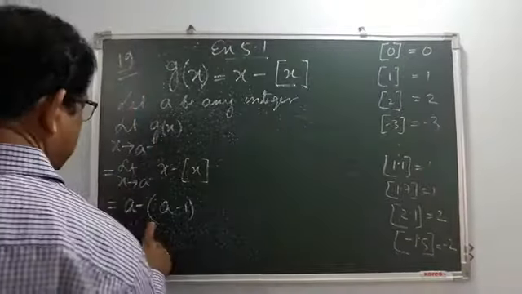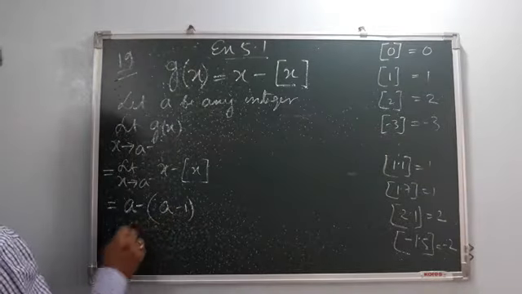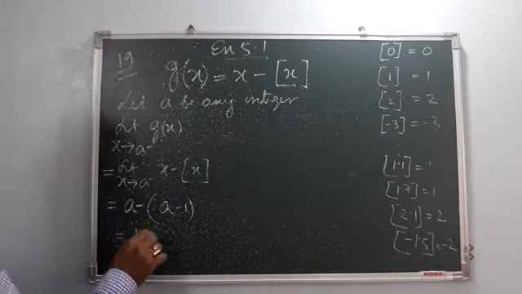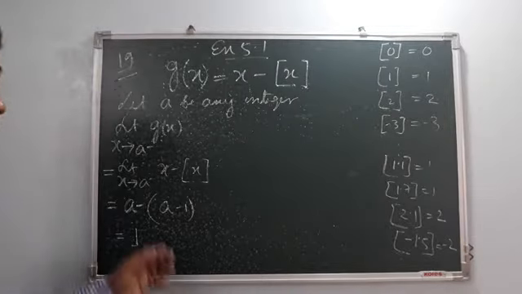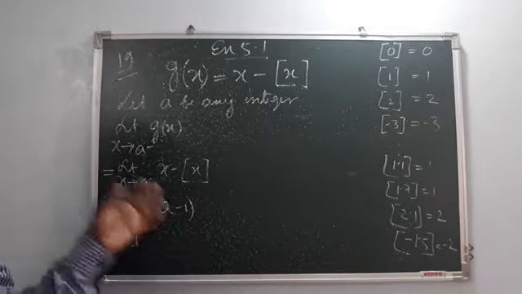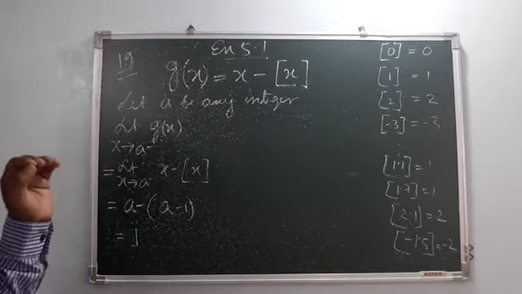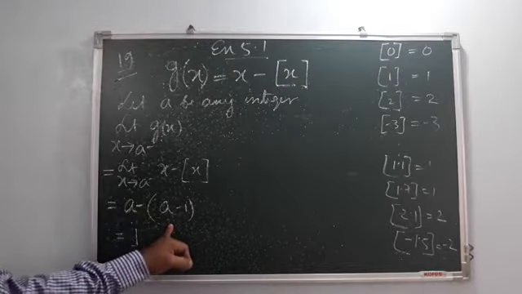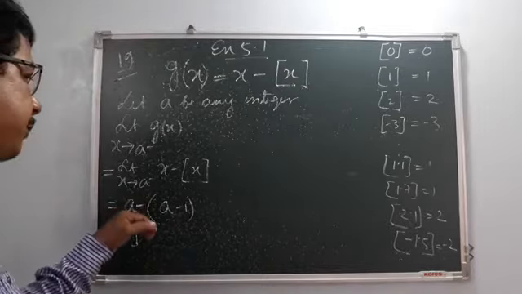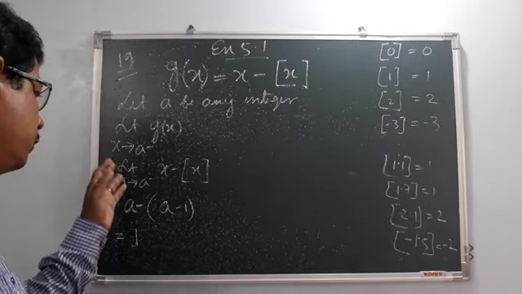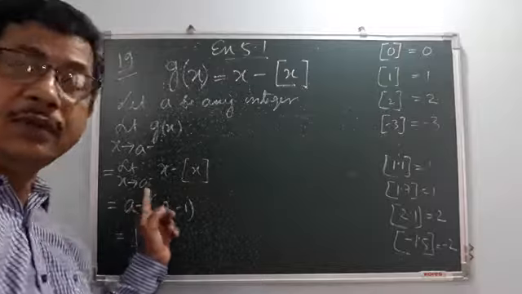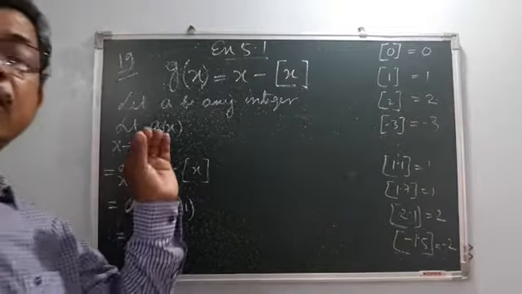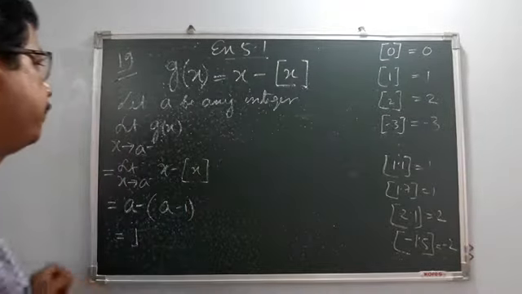Now in this bracket, a minus a is 0, and minus (a minus 1) gives plus 1. So this is our left hand limit. Watch this minutely: why a minus 1, and not a? Because it gives a little less than a.